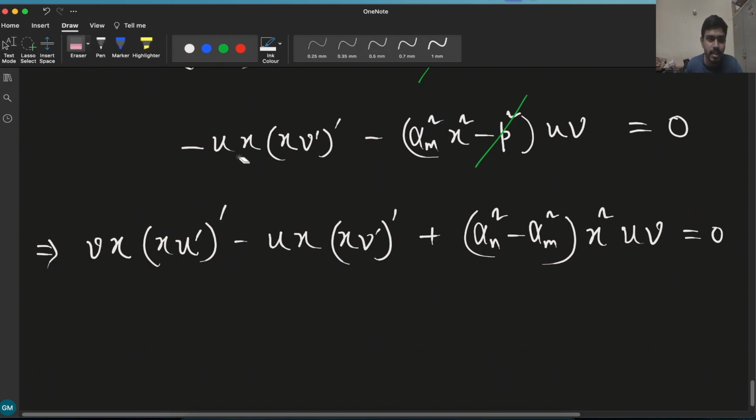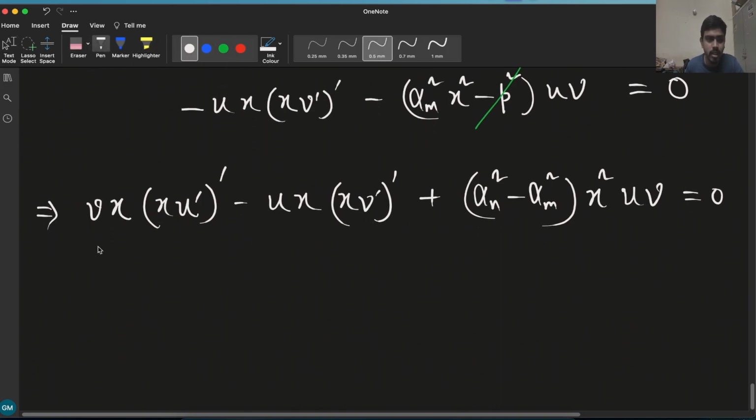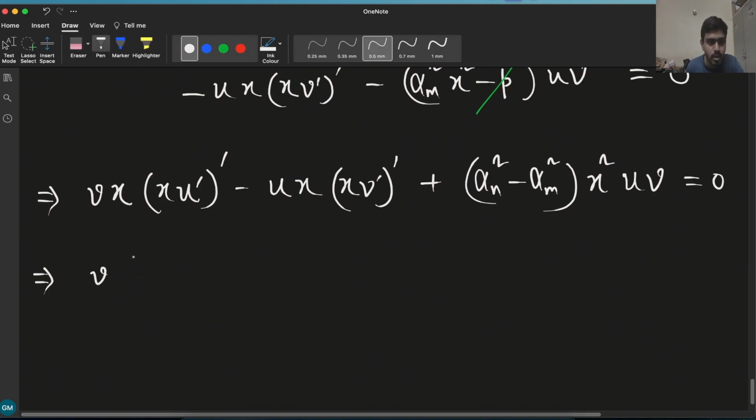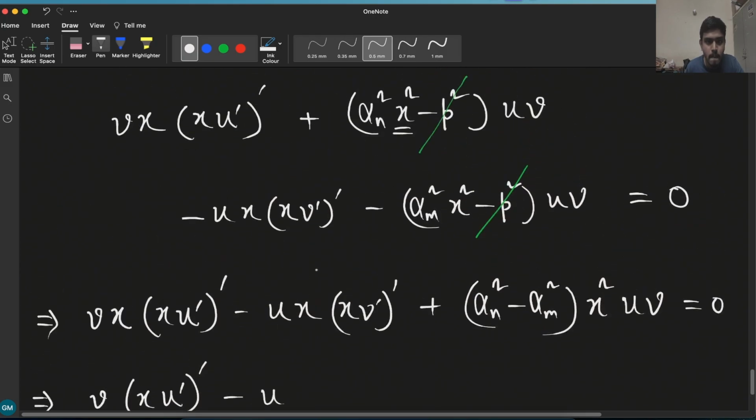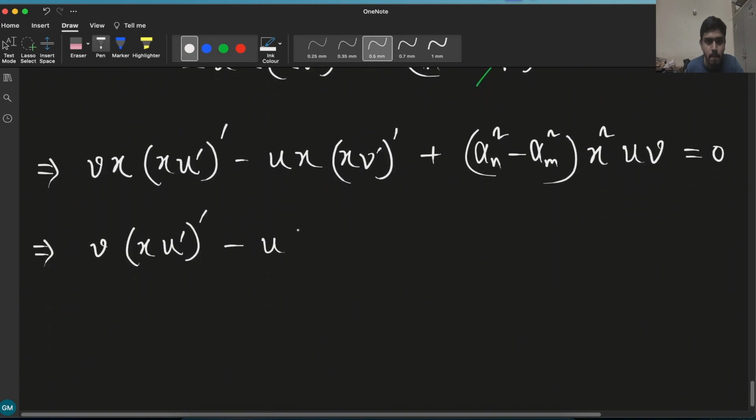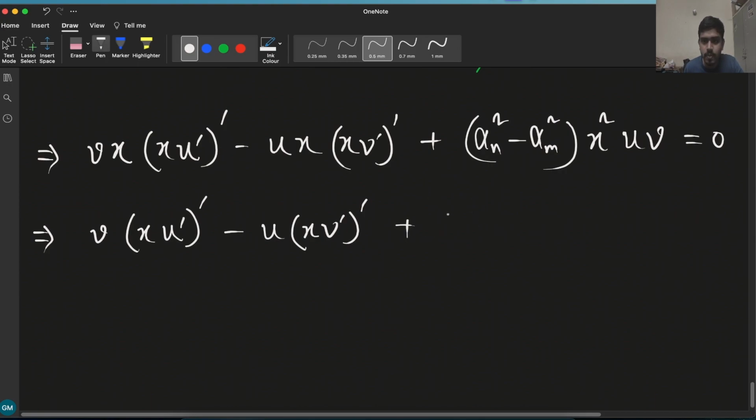So in that case I can divide this whole thing by x, and then I will get v times (x u dash) whole dash minus u times (x v dash) whole dash plus (alpha n square minus alpha m square) x u v equals to 0.